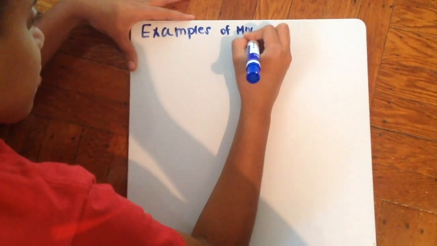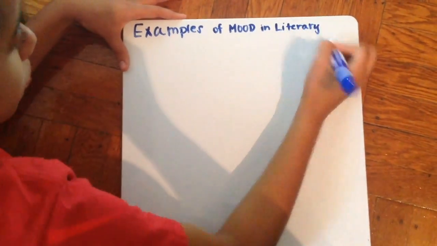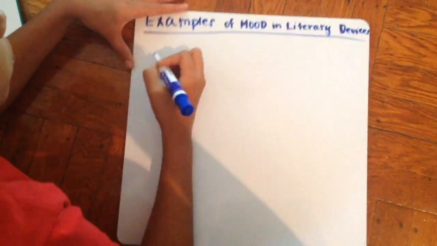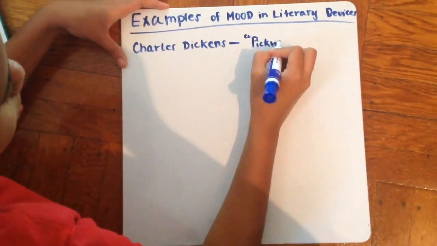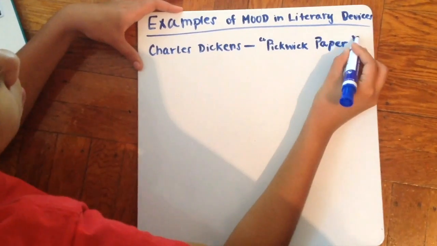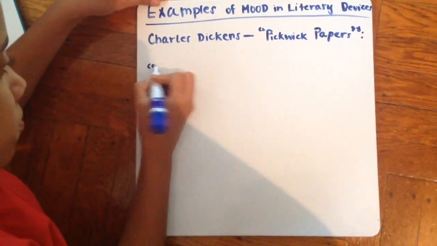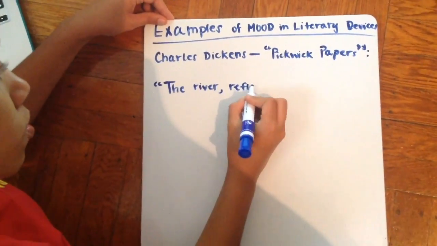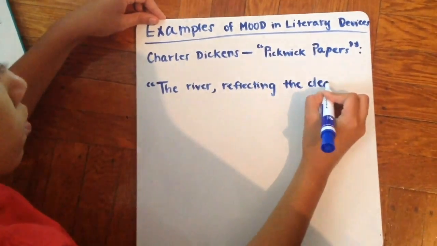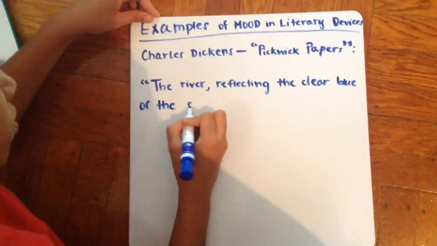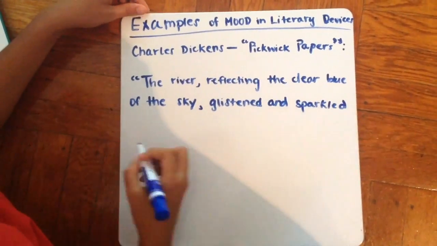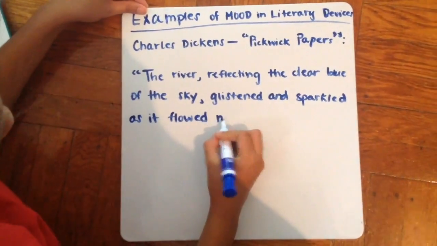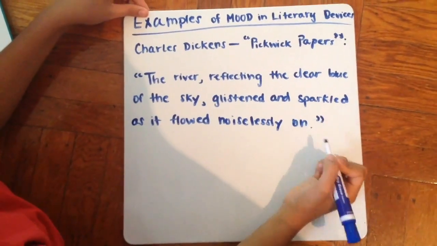Now let's look at examples of mood in literary devices. In this example, we'll be looking at Pickwick Papers, which was written by Charles Dickens. It states, "The river, reflecting the clear blue of the sky, glistened and sparkled as it flowed noiselessly on."